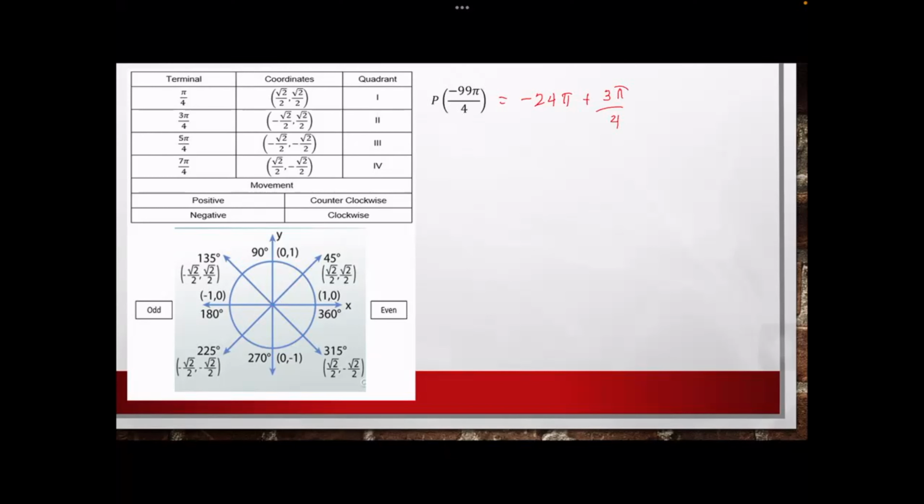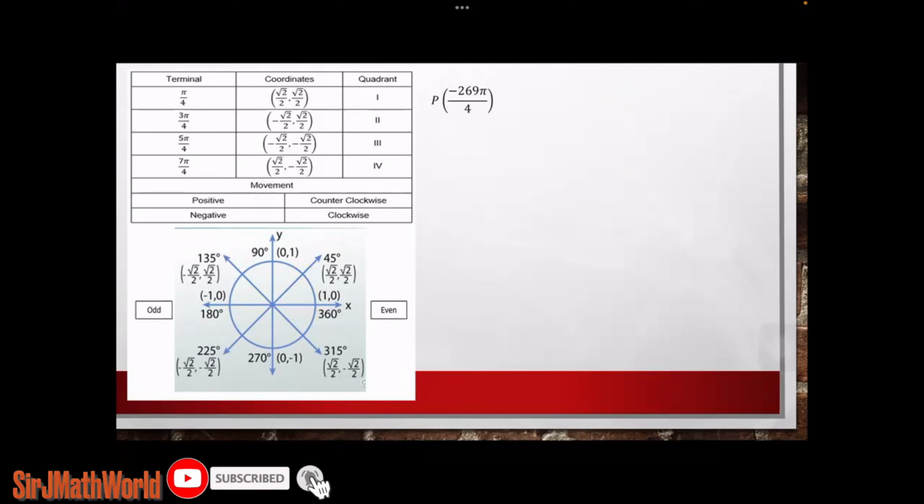So, this will take us negative 24. So, that is a even. It is negative. So, clockwise. Mag-add ka ng 3. Saan siya mapupunta? Sa negative square root of 2 over 2 and negative square root of 2 over 2 din po. Okay, so the same. That is a quadrant 3. So, negative and negative.